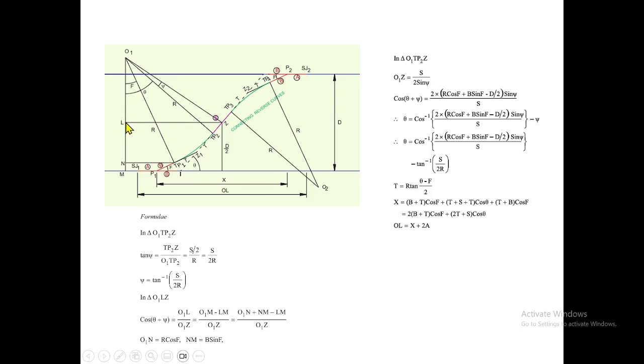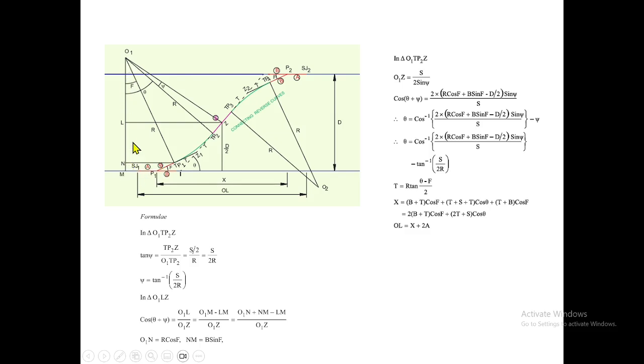For O1L, we do as done in the previous cases. See, total O1M is O1N plus NM, so minus LM will be over O. Like that, we do some breakup. So O1N plus NM minus LM will be your O1L.